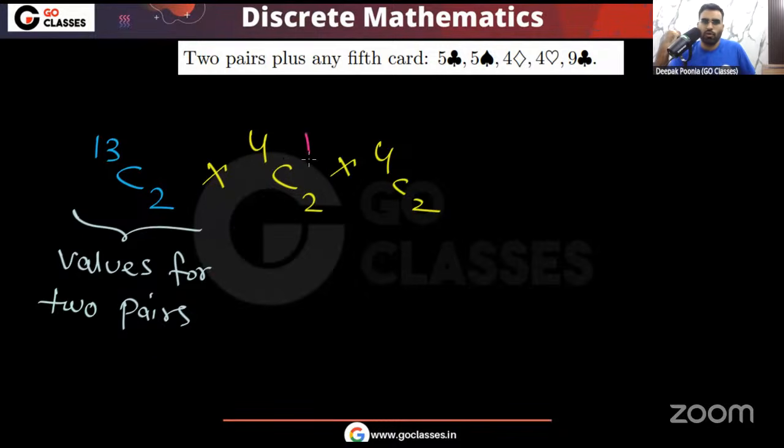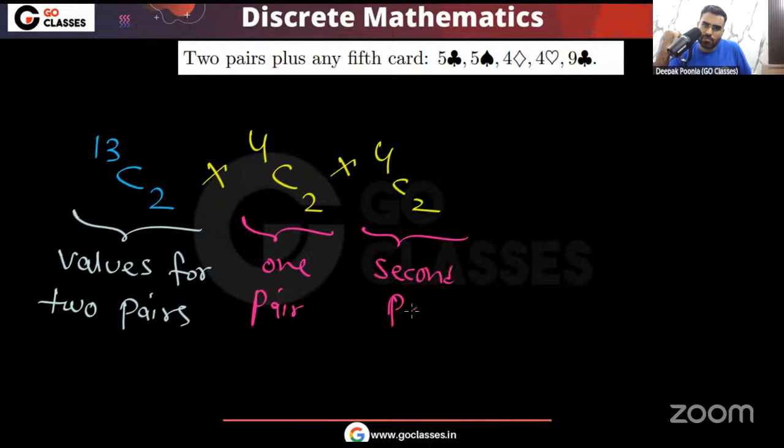So this is one pair, and this is the second pair. Very simple. So you got this pair, and this pair.